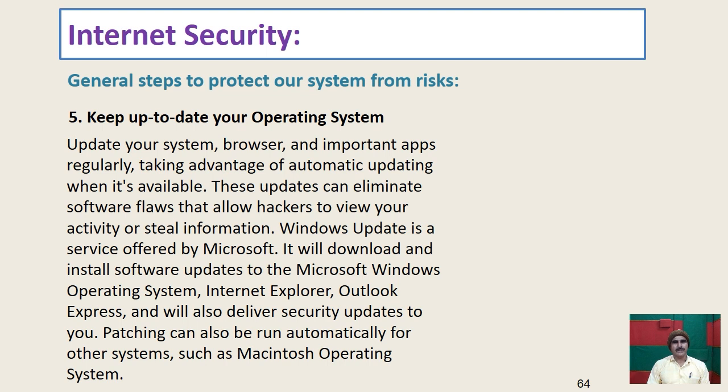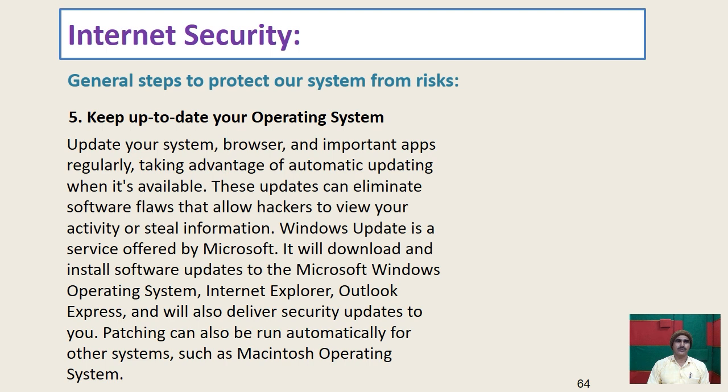When that notification arises, you must install these automatic updates. It is free. These updates can eliminate software flaws that allow hackers to view your activity or steal your information.